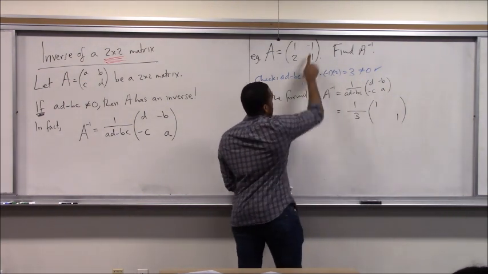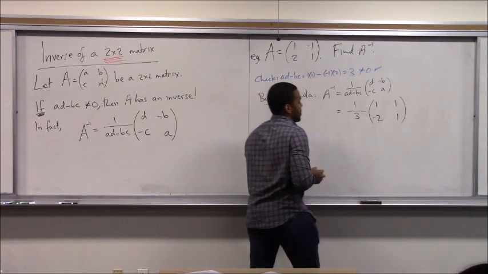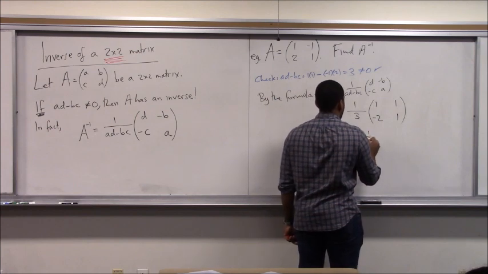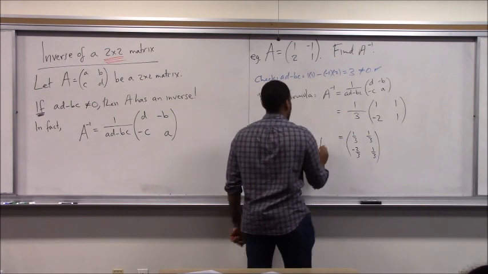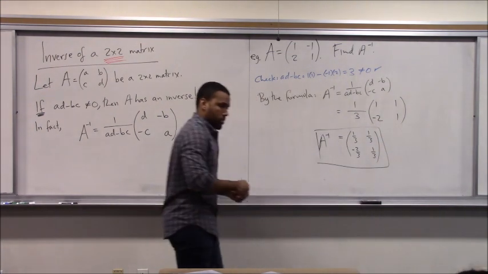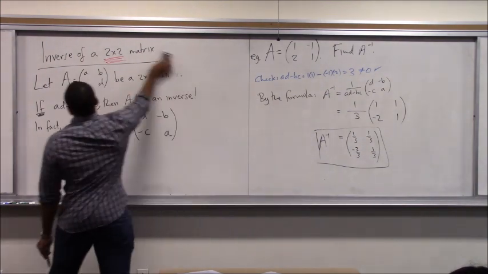And then I'm going to change the sign of those two numbers. So this is going to be a +1 and a -2. And so that will be 1/3, 1/3, -2/3, 1/3. That is A inverse. Seems like a very strange guy, but let's actually check.